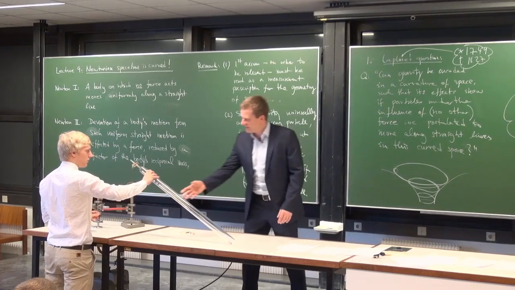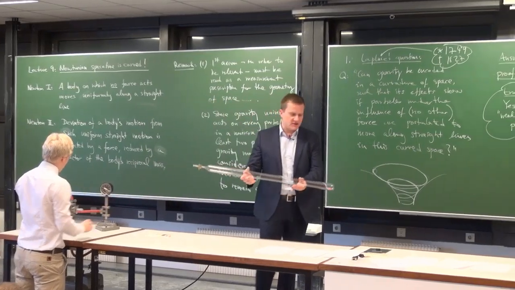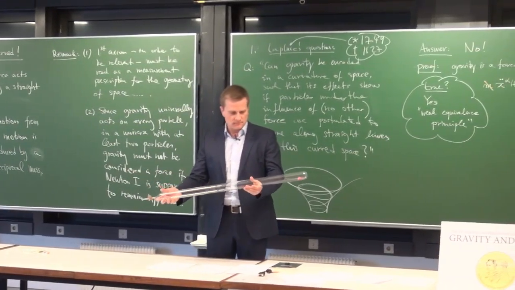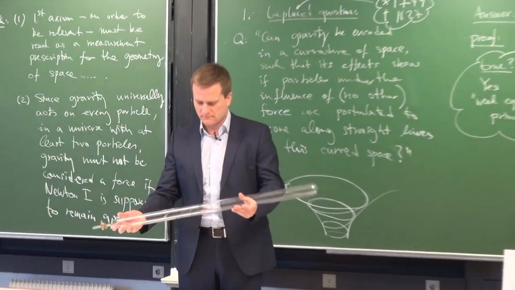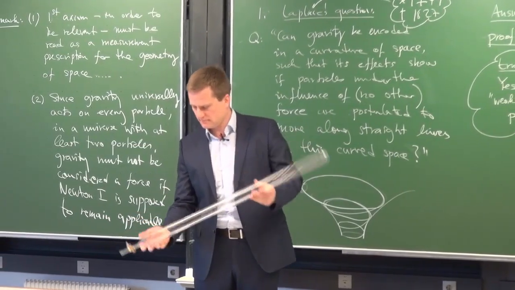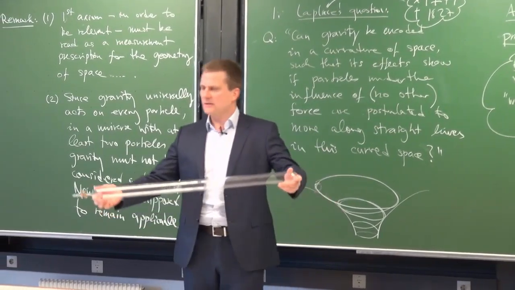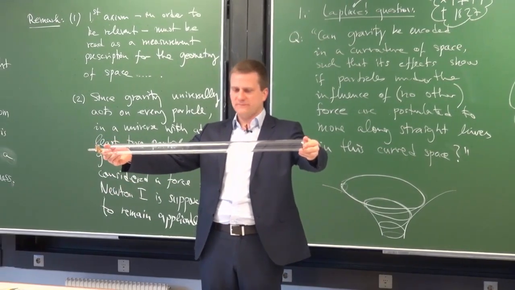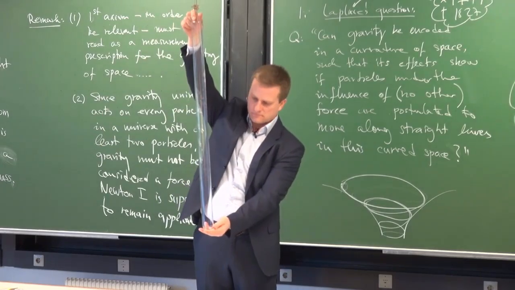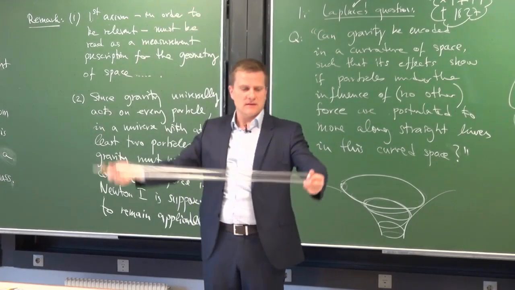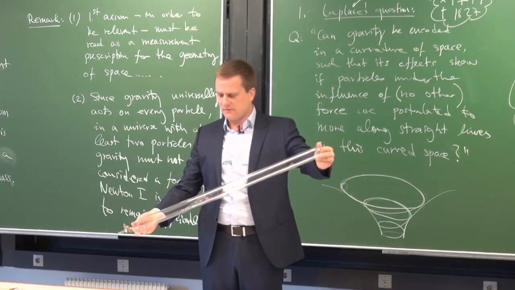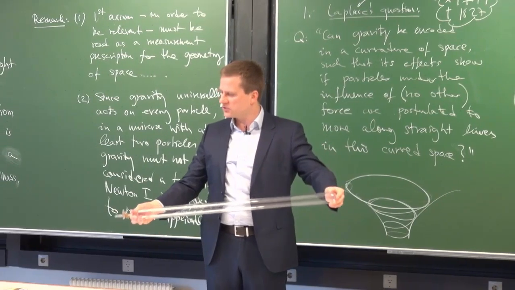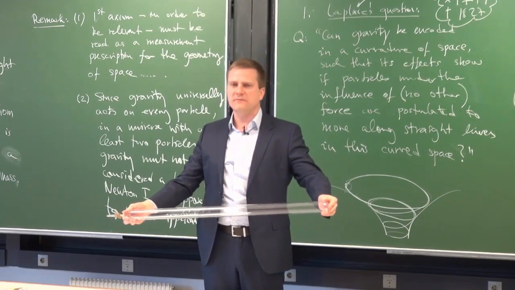So the tube has now been evacuated. Okay. Now we do the same experiment again. Air resistance has been switched off. It's not true that the bead is more strongly accelerated than the feather.